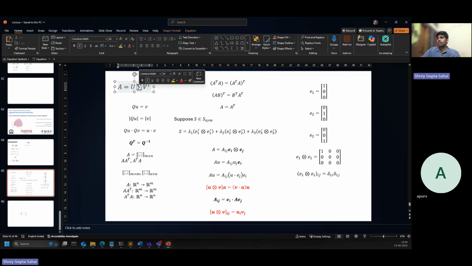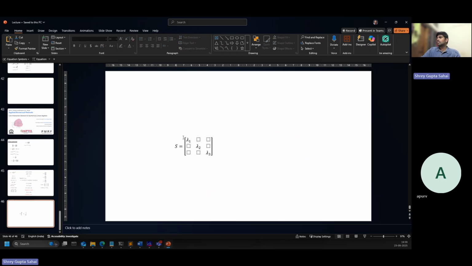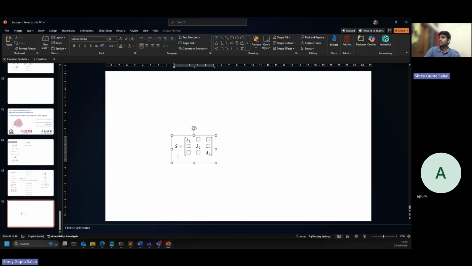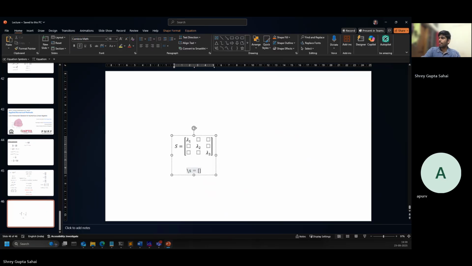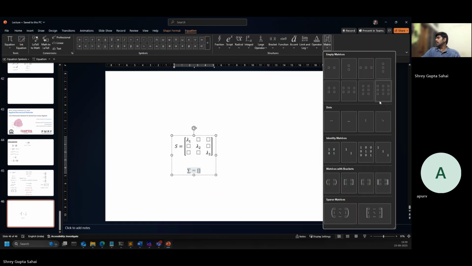This matrix also looks something like this.